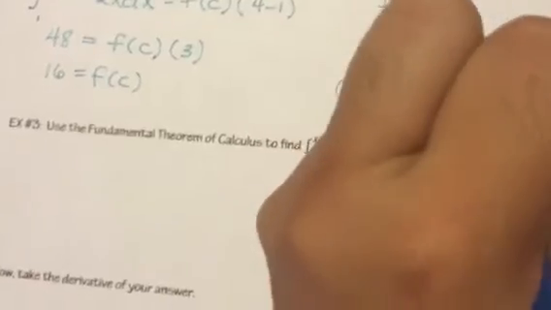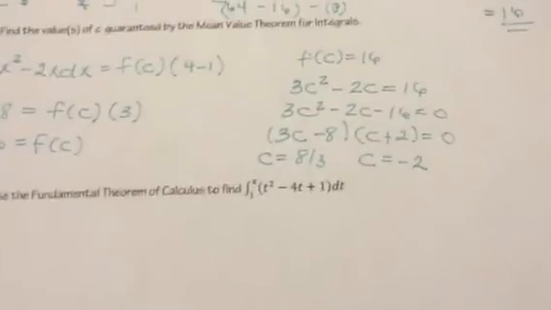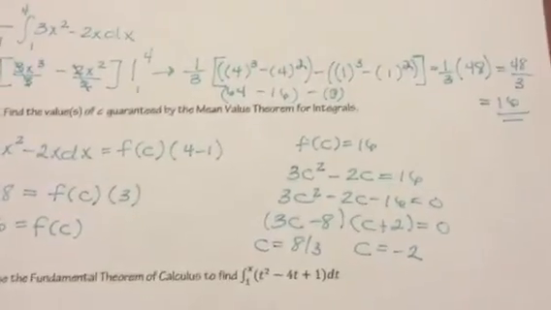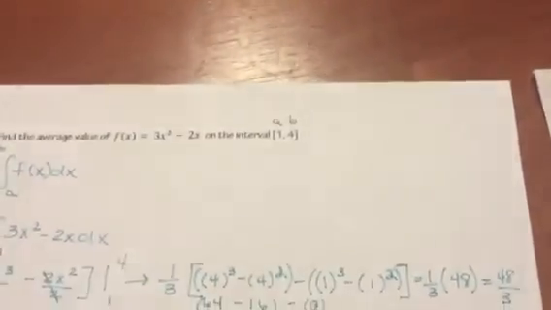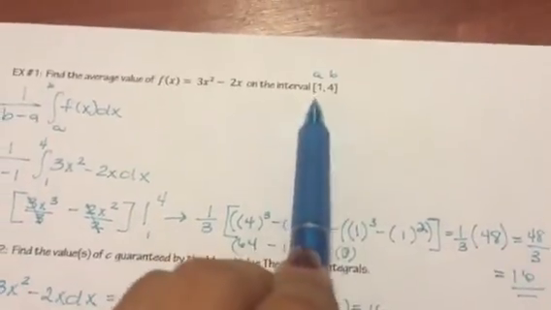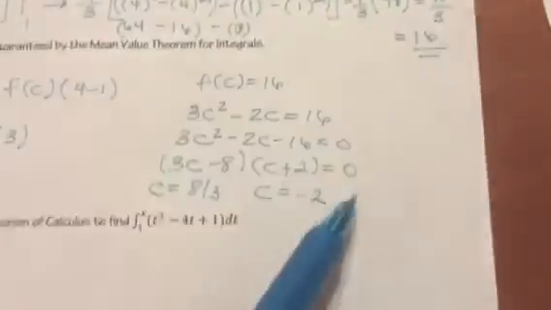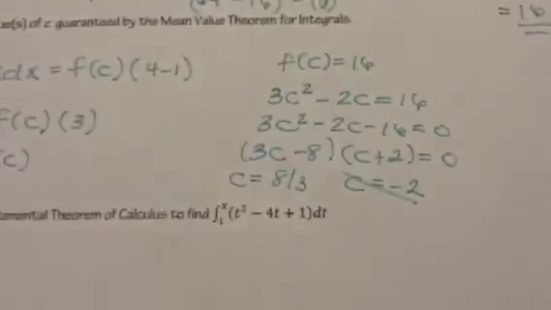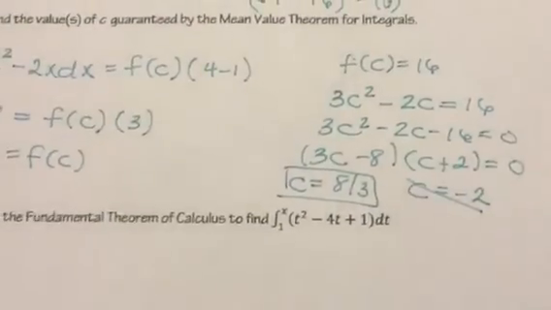We'll end up with 3c minus 8 and c plus 2. We set them equal to 0. c will equal negative 2, and c will equal 8/3. So based on these two solutions that we have, we're looking on the interval between 1 and 4, so automatically that is going to cancel out negative 2 because it doesn't fall within our interval. So therefore our answer would be c is equal to 8/3.